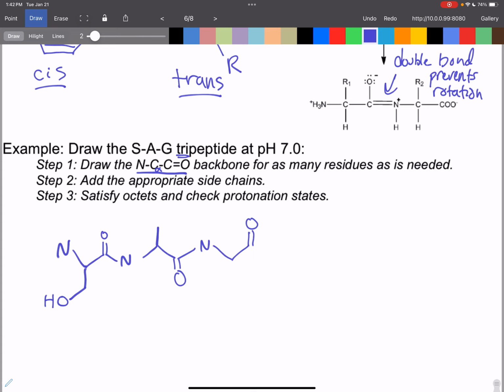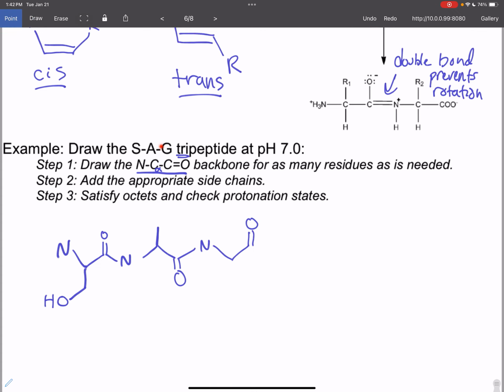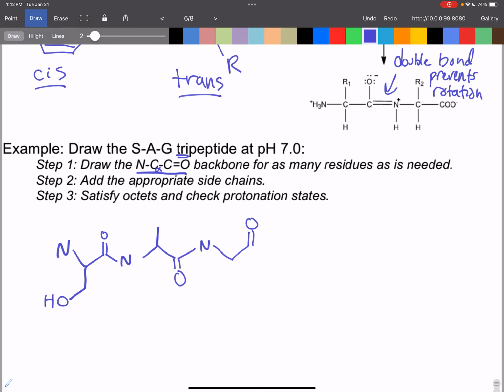And then glycine is the amino acid that doesn't really have much of a side chain. It just has 2 hydrogens. So if you really wanted to, just to be clear, you could draw in 2 hydrogens at that alpha carbon there. But I'm going to leave them off just because I want to keep it in proper line angle notation form. So that's step 2.